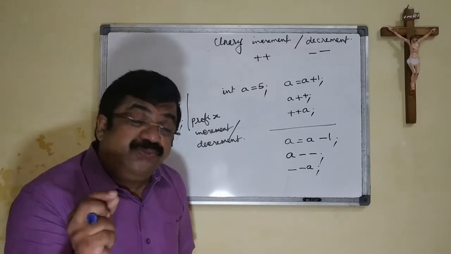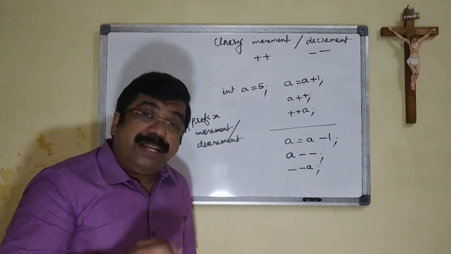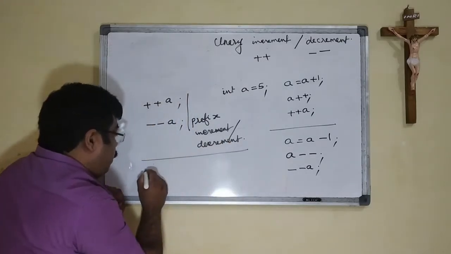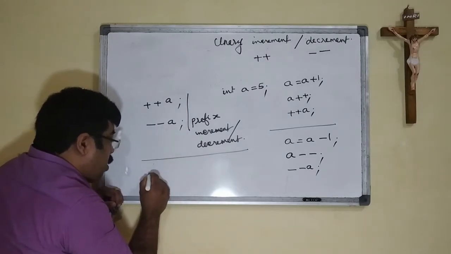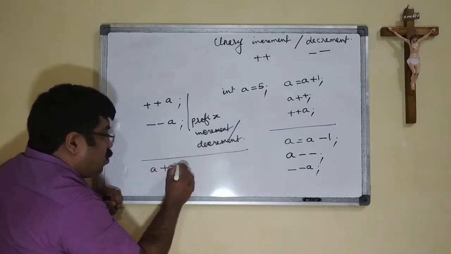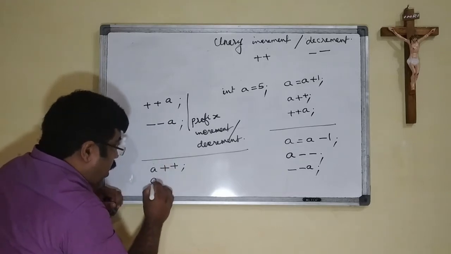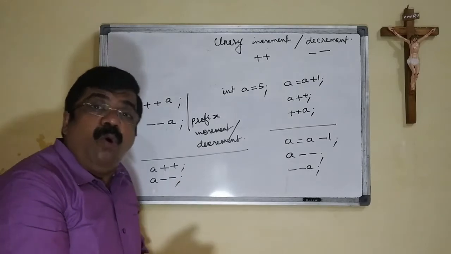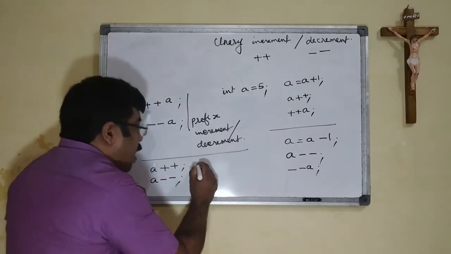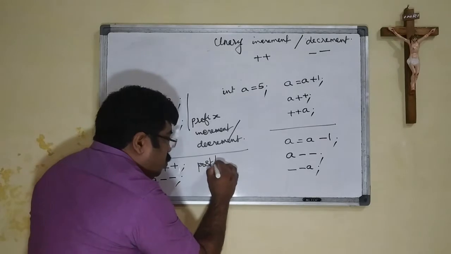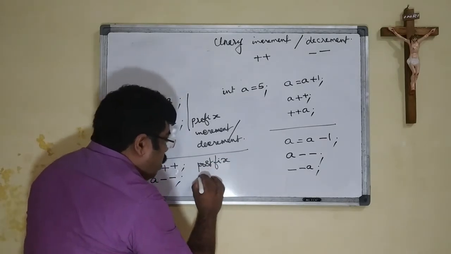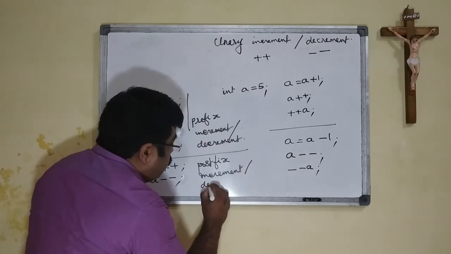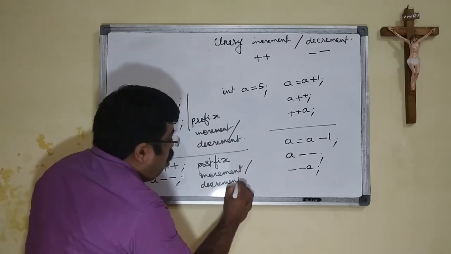Next, if we give these operators after the operand, that is, we write it as a plus plus or a minus minus, after the operand we call them postfix increment or decrement operator.